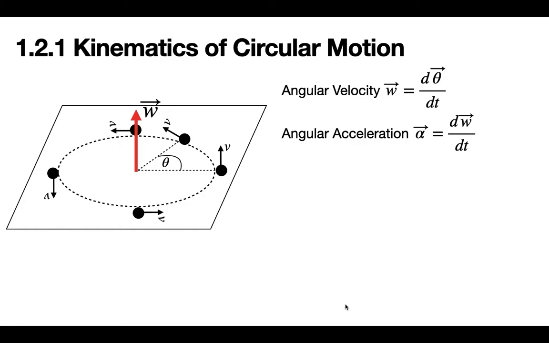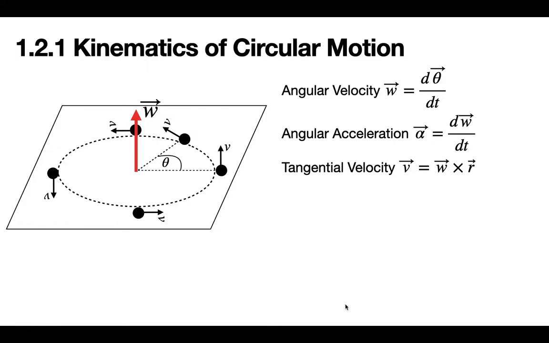For example, the object moves from 0 to 45 degrees in 1 second, and from 45 degrees to 90 degrees in 0.4 second, and from 90 degrees to maybe 360 degrees in another 0.4 second, then the angular velocity is changing. The rate of change of that angular velocity is called angular acceleration.